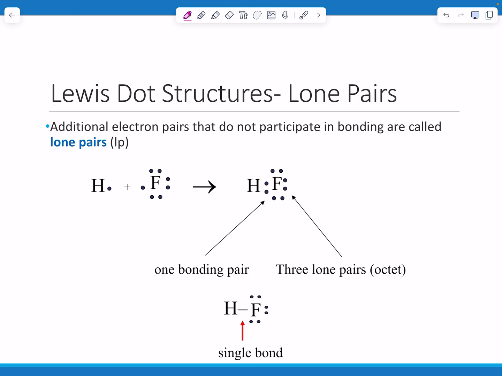It's a molecule made of hydrogen and fluorine. Remember that hydrogen has only one valence electron, whereas fluorine has 7 valence electrons.